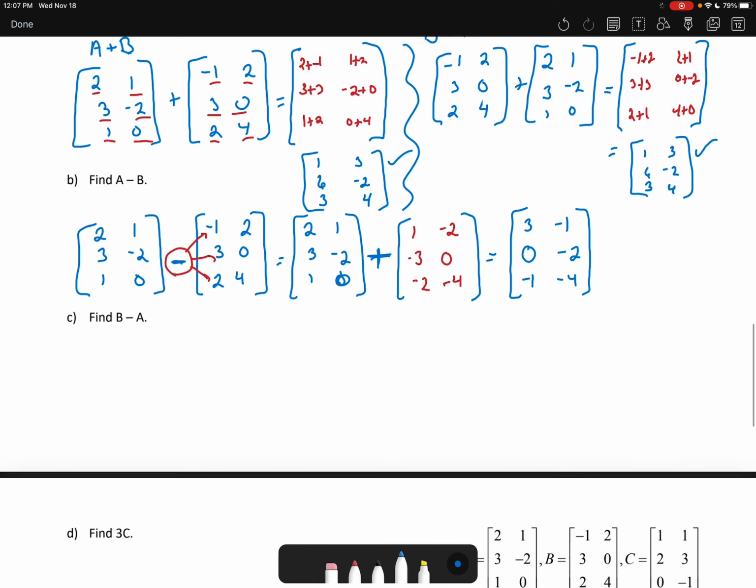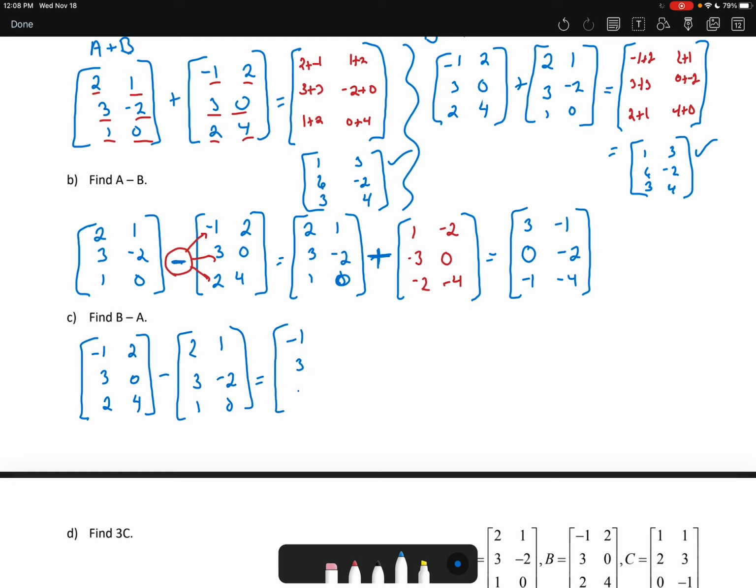Let's see if we get the same thing when we do B minus A. So what if we reverse it? So let's see, B is negative 1, 3, 2, 2, 0, 4, minus 2, 3, 1, 1, negative 2, 0. I'm going to change that to adding the opposites.